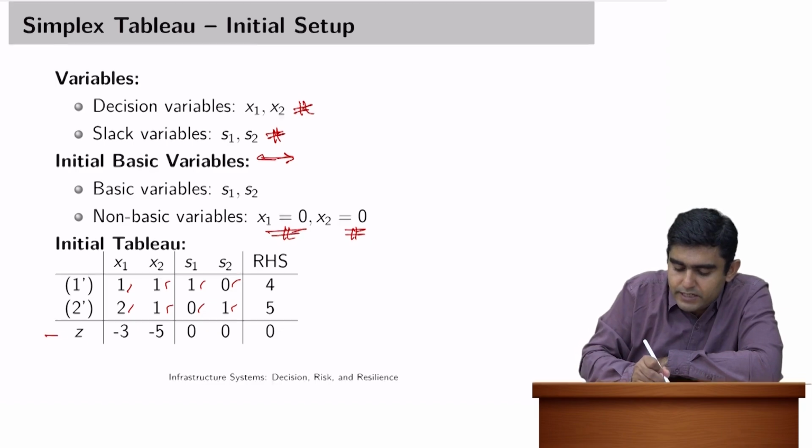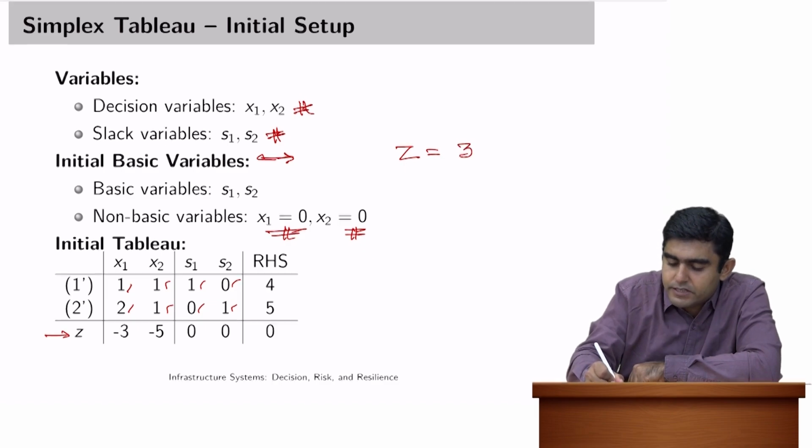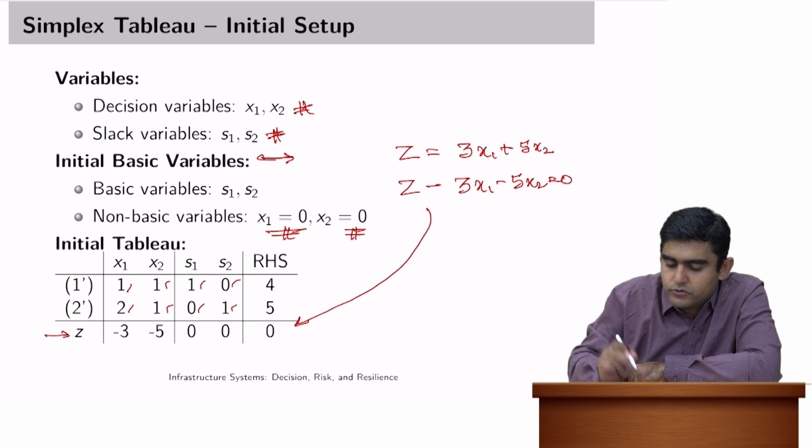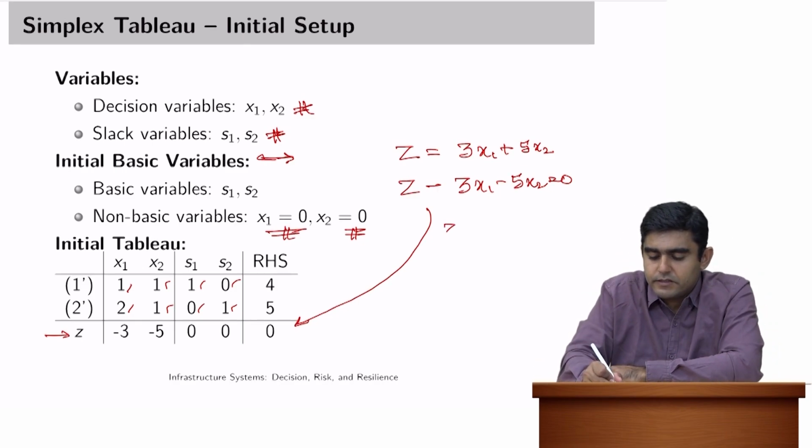We have the original objective function as 3x1 plus 5x2. So we say that z minus 3x1 minus 5x2 equal to 0. This is equivalent. You can always say that 3x1 plus 5x2 minus z is also equal to 0.